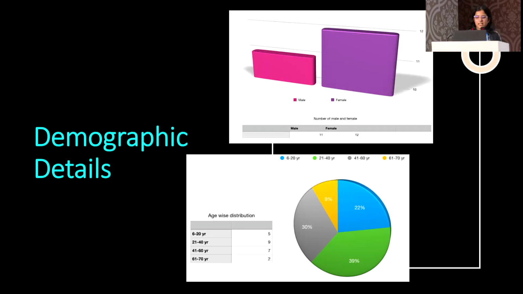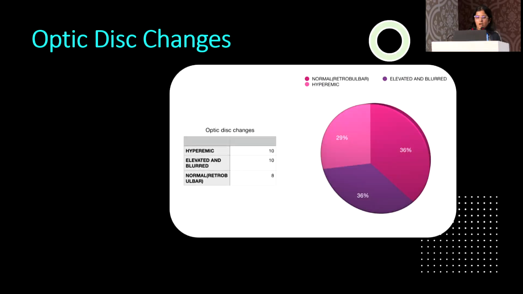The demographic details we obtained in our study were 12 females, and the major population was around 21 to 40 years, demonstrating that most of the patients were young females. Optic disc changes: around 8 discs were normal in appearance.